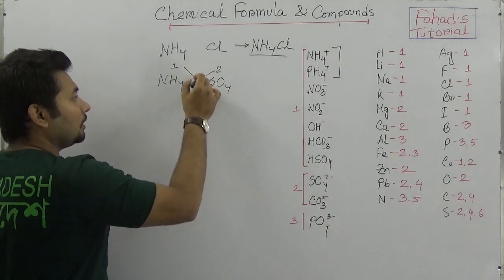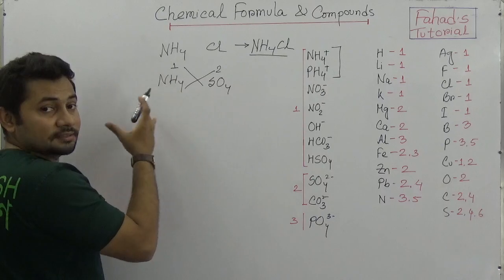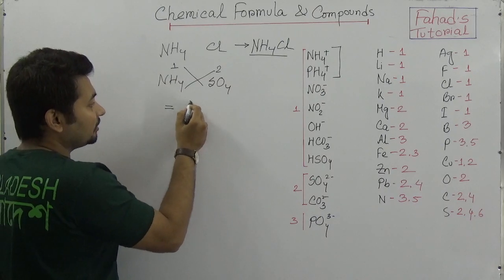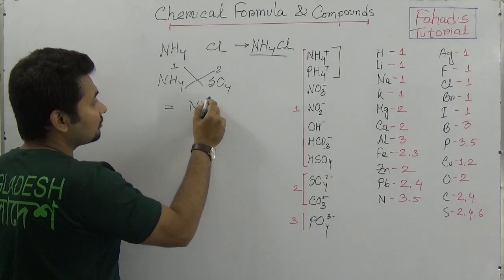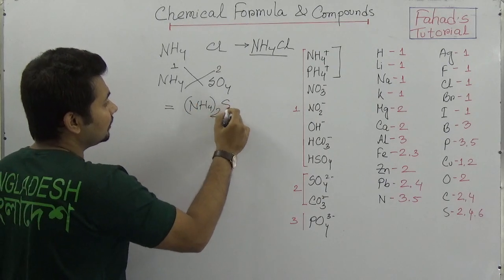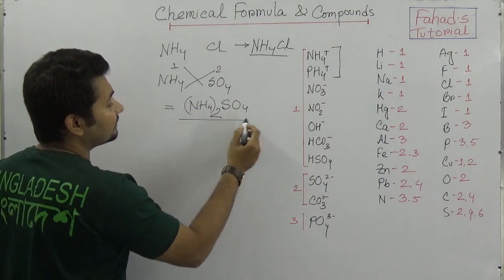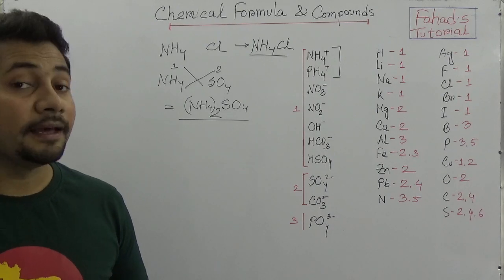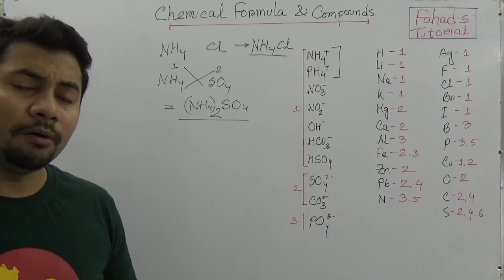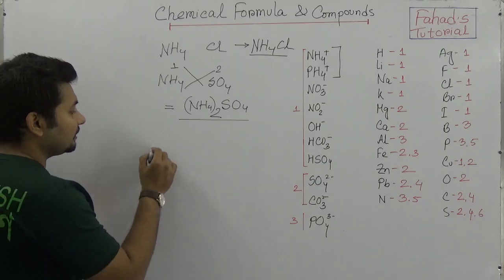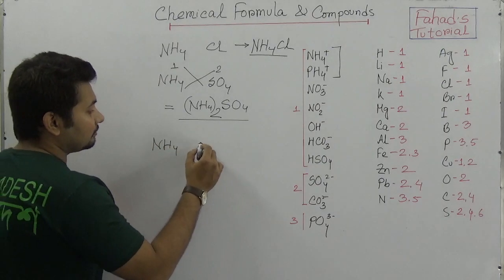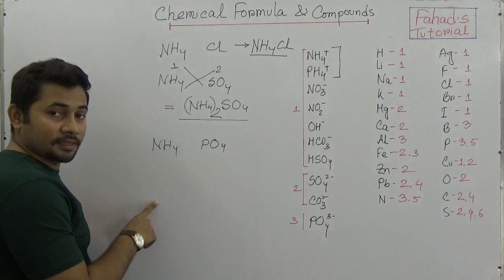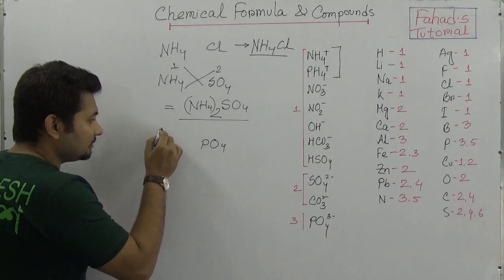This 2 and 1 will change their places, and then the formula should be (NH4)2SO4, and that is called ammonium sulfate.